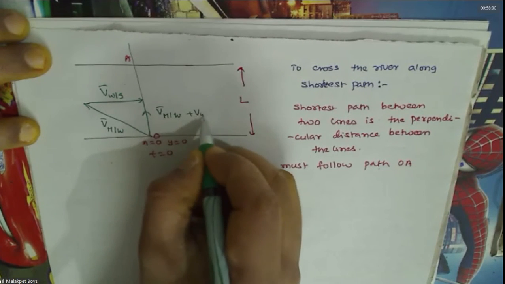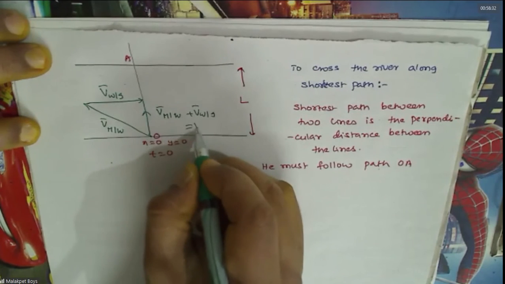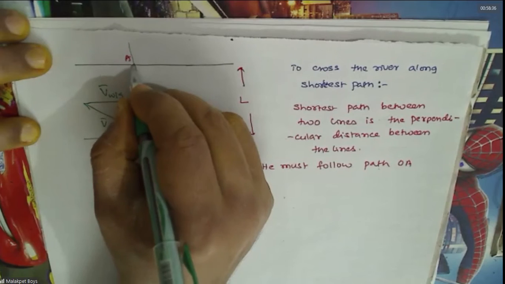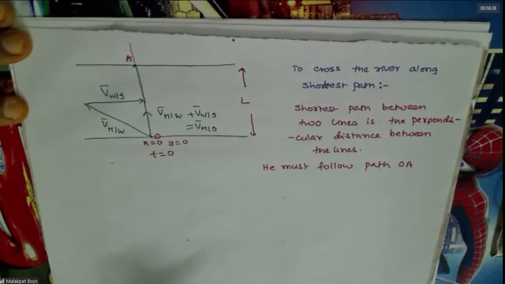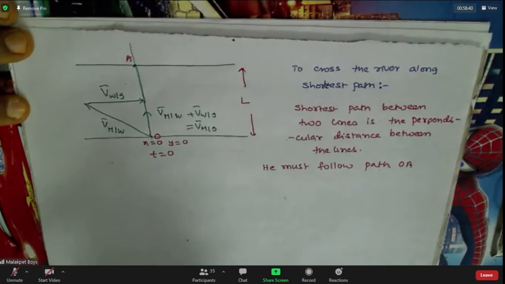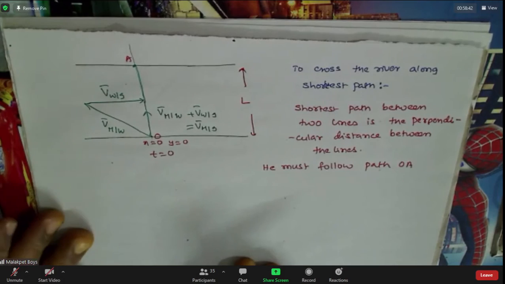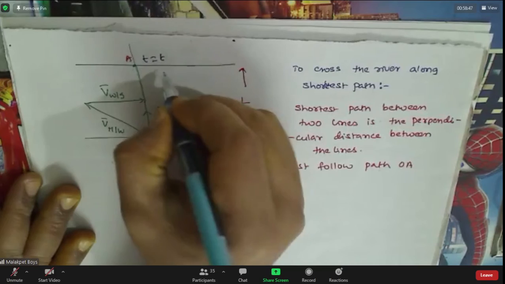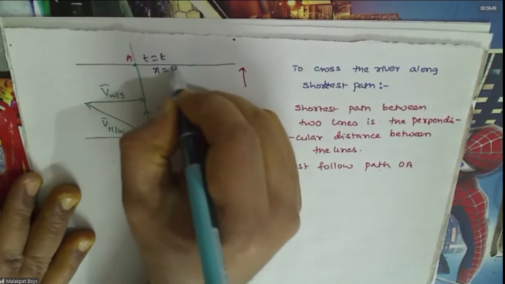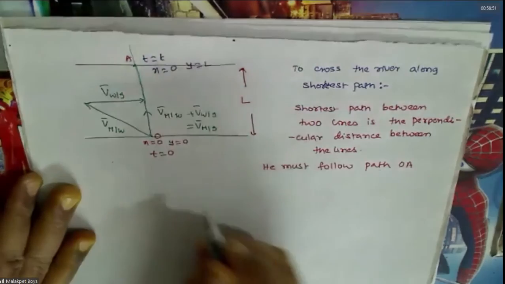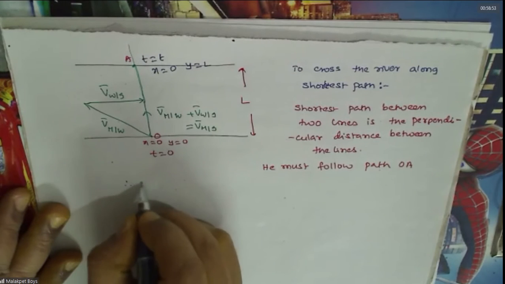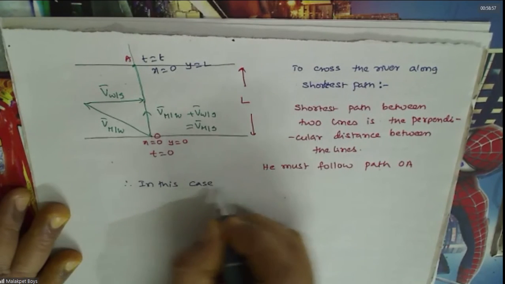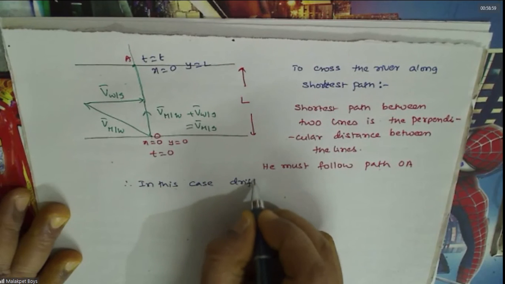This is the velocity of man with respect to ground, so he will reach here. Understood? Clear? So he will be reaching at time t. Now you can see here x is 0, y is some L. So in this case, drift is 0.